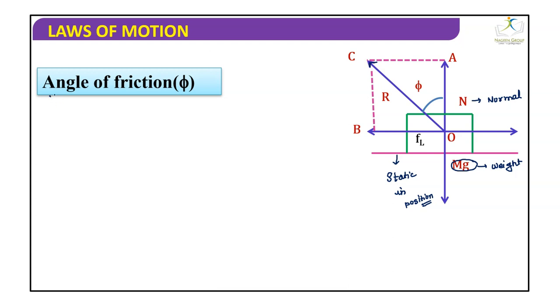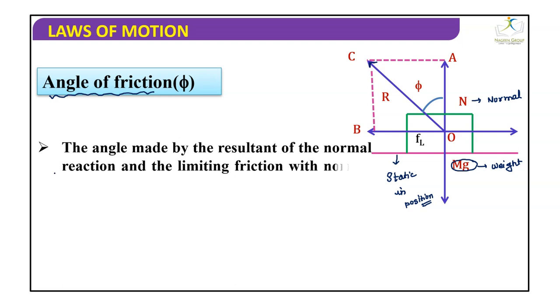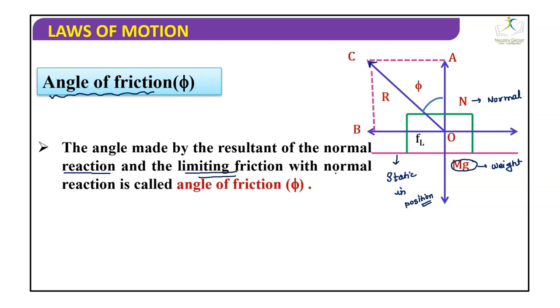So what is angle of friction? The angle made by the resultant of the normal reaction and limiting friction with the normal reaction is basically called angle of friction.